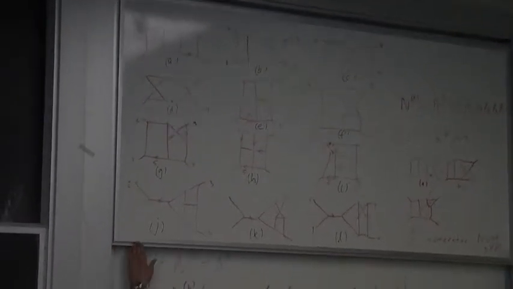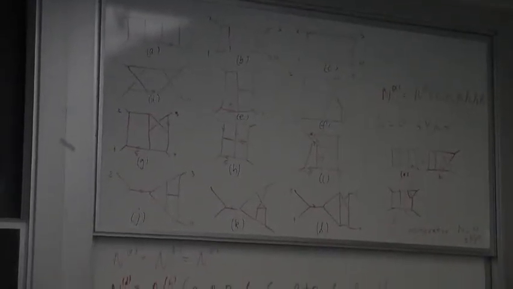As for N=4 super Yang-Mills theory, these are the set of diagrams you need. The idea is you write down the identities between the diagrams, the dual Jacobi identities.